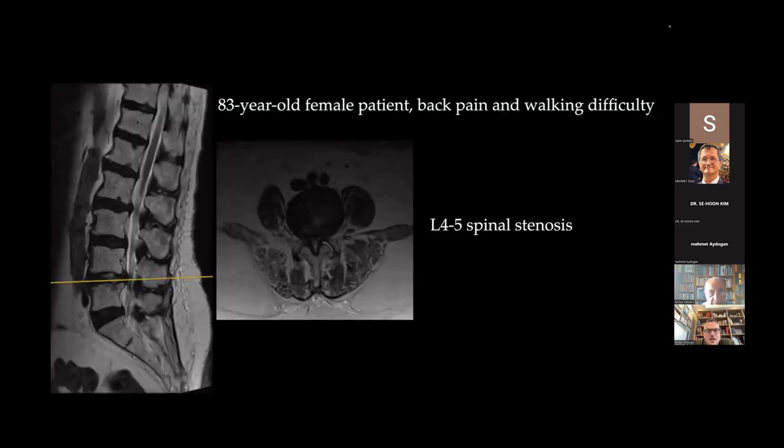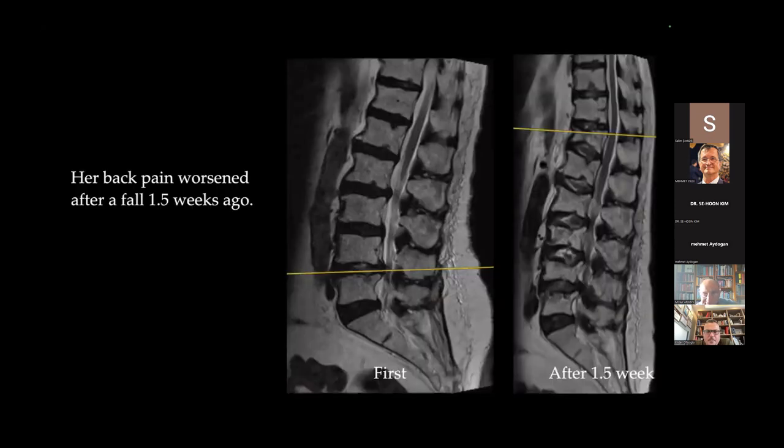It's okay. The other one is a 3-year-old female patient. The first appointment was for back pain and walking difficulty. We advised the patient decompression surgery. You can see the MRI. There is spinal stenosis at the L4-5 level. She refused: I don't want any surgery.